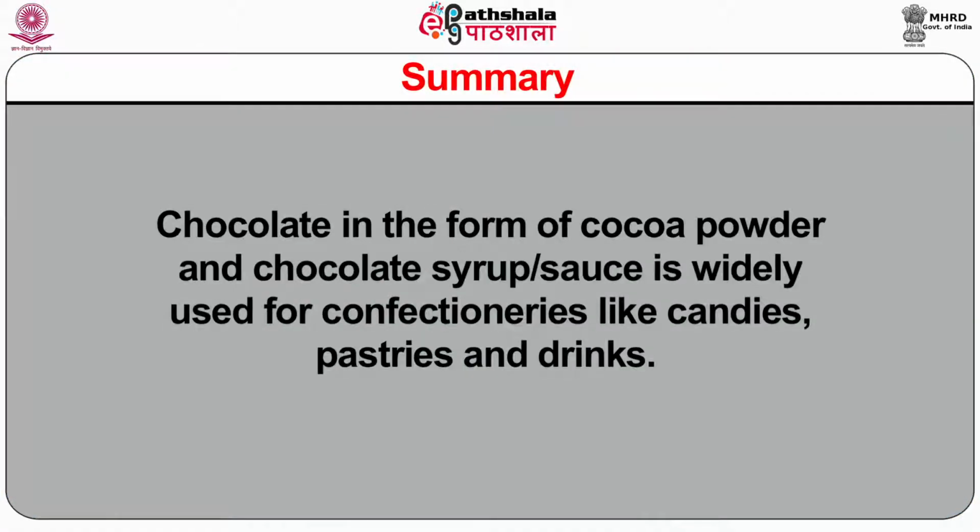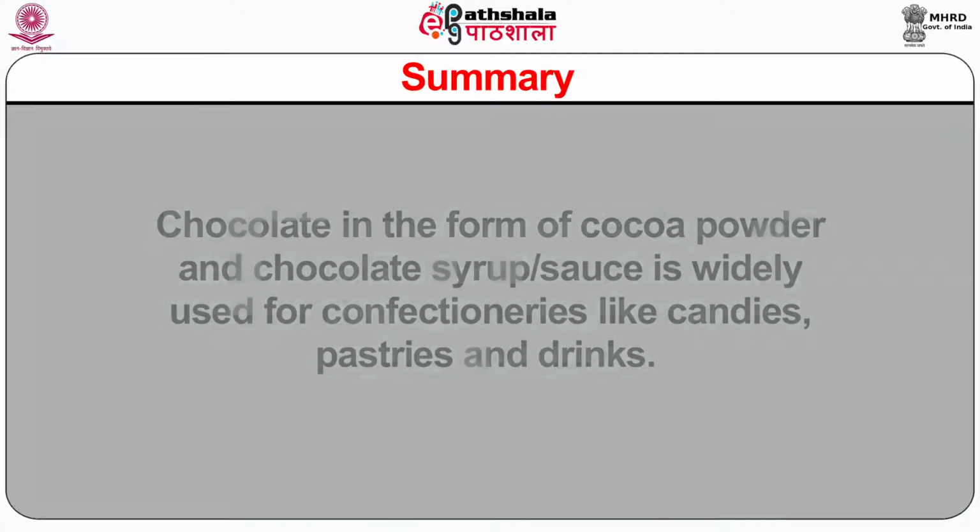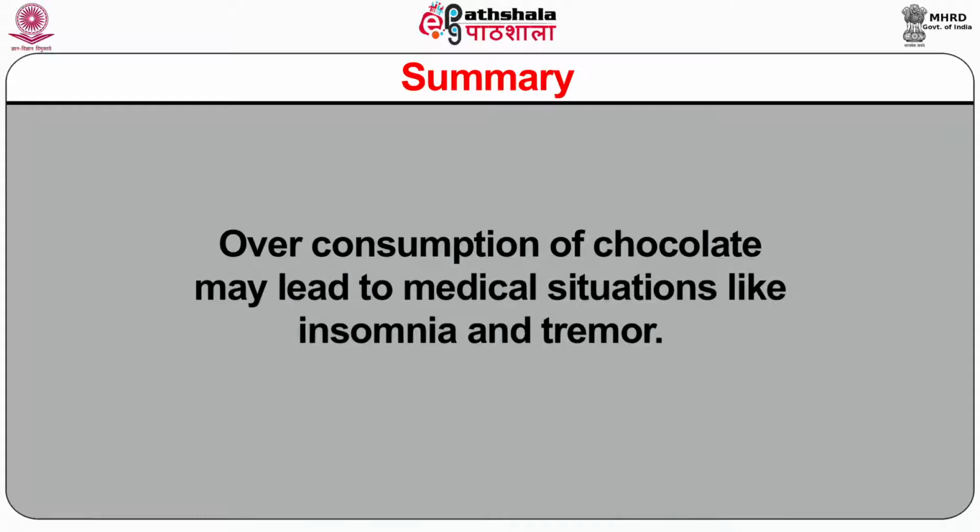Produced from the seeds or beans of the cocoa plant, chocolate is one of the world's most popular foods and beverages and is also used as a flavoring. Chocolate in the form of cocoa powder and chocolate syrup or sauce is widely used for confectioneries like candies, pastries and drinks. Overconsumption of chocolate may lead to medical conditions like insomnia and tremor.